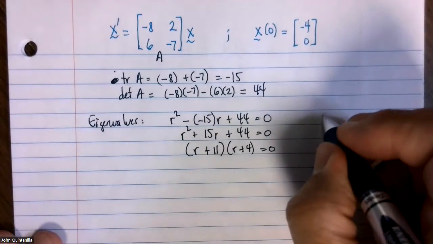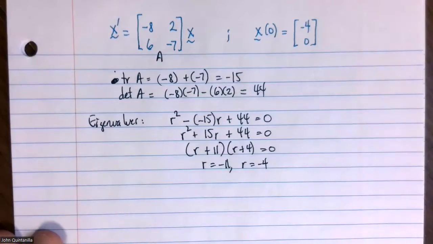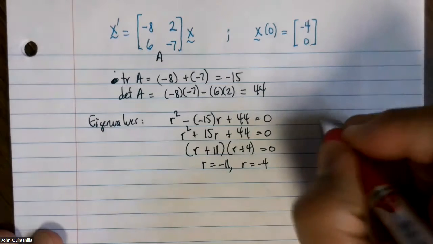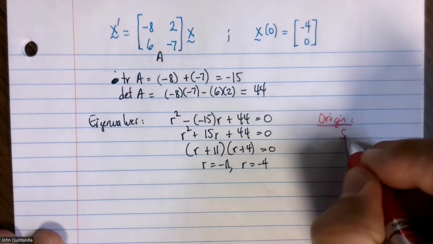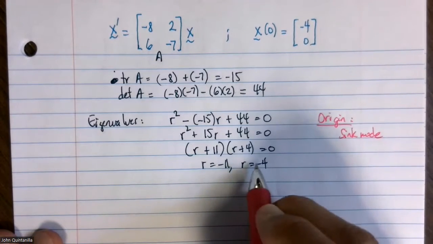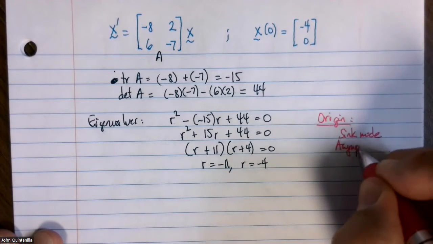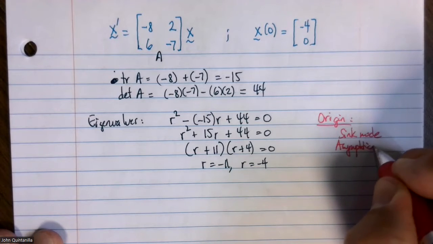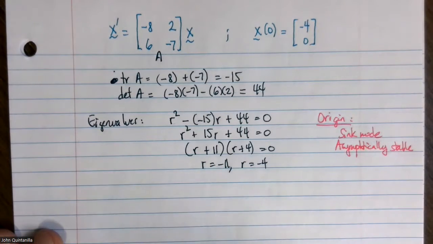And so I get my two eigenvalues to be -11 and -4. From this right away, I can conclude a couple of things. The origin is going to be a sink node. Both eigenvalues are negative. And because it's a sink node, that means that the origin is asymptotically stable. So all trajectories are going to point toward the origin.